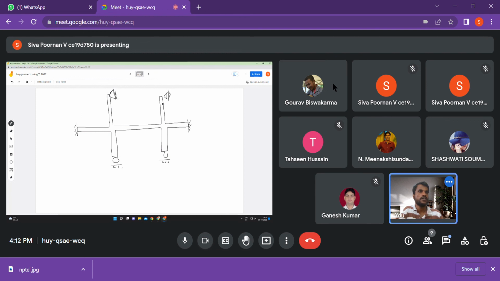Now let's say there is a moment M coming on here, and the same moment is being applied here. Can we find out the rotations at these points? The length you can take as anything you want. It's just an example problem, so I'm not too concerned about the values. It's 2L.